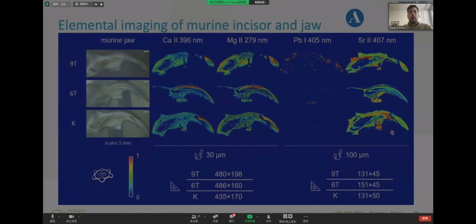Okay, what we are doing right now, in cooperation with the Czech Academy of Sciences, is that we have this murine jaw with incisor, as you can see here, and we have different mice that are exposed to various toxic atmospheres. As I said, we are now considering a lead atmosphere.